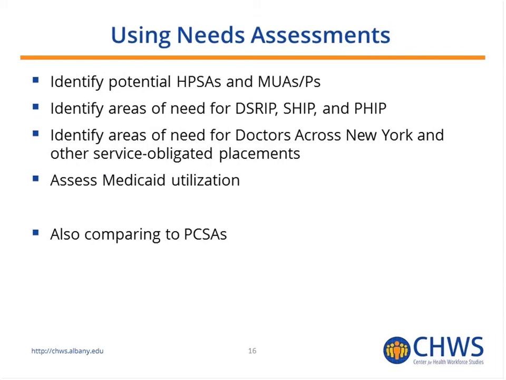We also have something called Doctors Across New York, and a number of other service-obligated placements outside of the National Health Service Corps. We could use it to define where to place doctors or other healthcare professionals for their service obligation, and also to assess Medicaid utilization. One of the things we're planning on doing in the spring is comparing Dr. Goodman's PCSAs to our RSAs and seeing how they stack up. So that's something we're doing in the future.